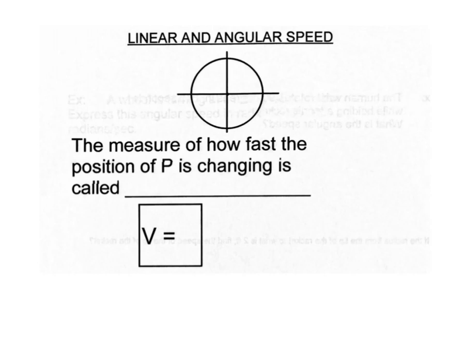Today I'm going to talk about linear and angular velocity. The measure of how fast the position of P is changing is called linear velocity. So if I have a point on my circle, the speed at which it's traveling around my circle is referred to as linear velocity.